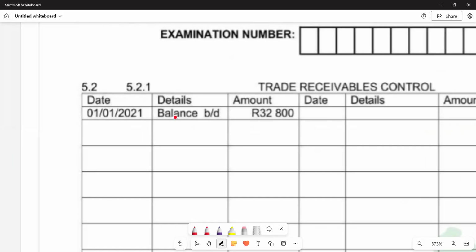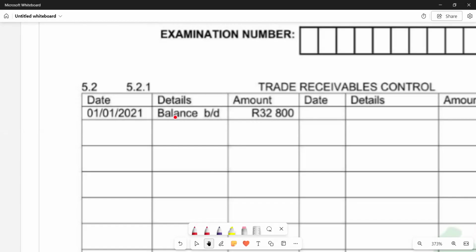But what we are supposed to know about trade receivables control is that there are some items that you are supposed to put on the debit side and credit side. On the credit side, we are supposed to see the bank, that is the amount that has been paid by the trade receivables or the debtors. When they pay back the amount that they are owing, we record the payments on the credit side with a description of bank.